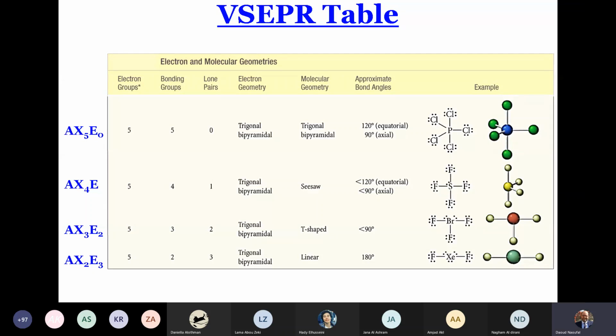In the plane, we have 2 lobes containing the lone pairs, and the 3 other lobes, 2 axial and 1 equatorial.